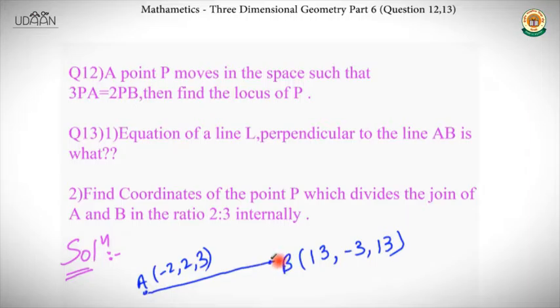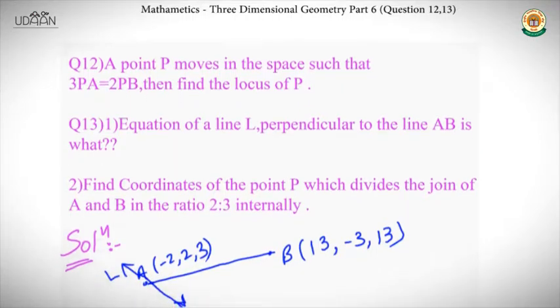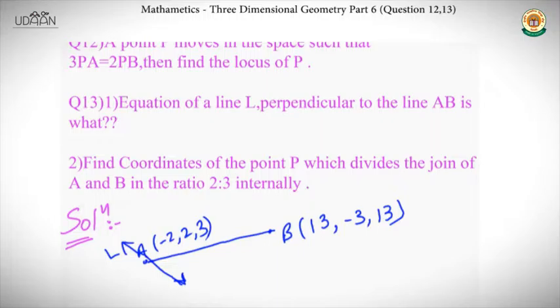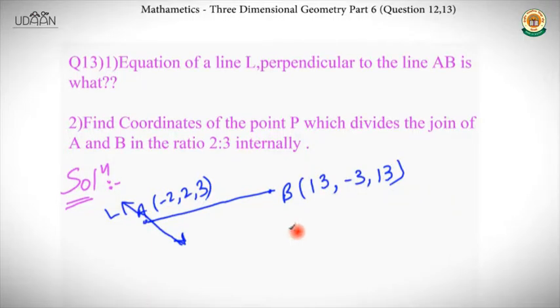Let's join these points, and it's also given that line L passes through point A. This is line L. So a point P moves in space such that 3PA equal to 2PB. So this is the condition for the locus given, which is 3PA equal to 2PB.